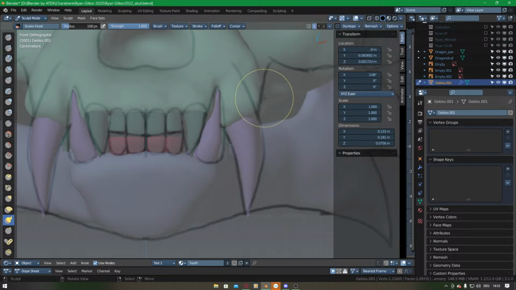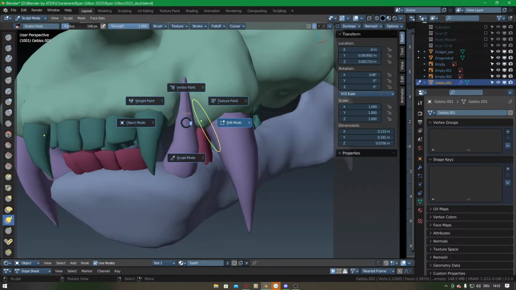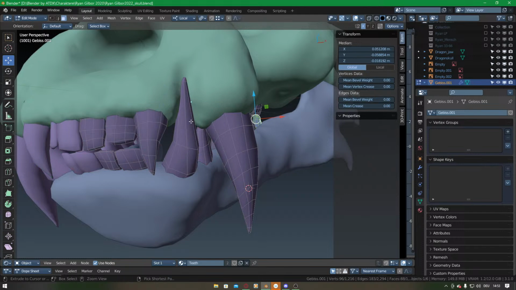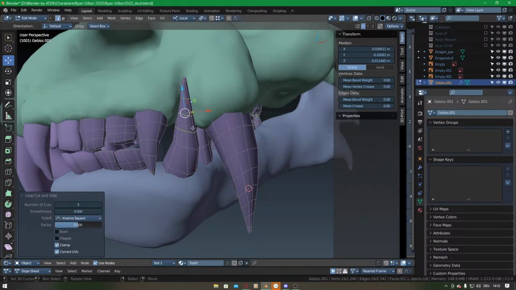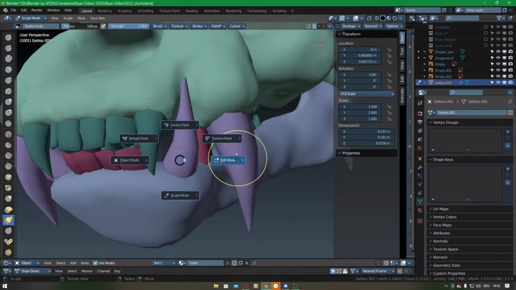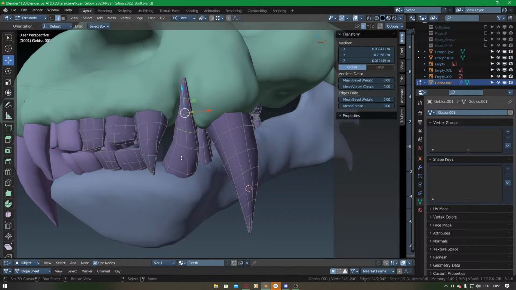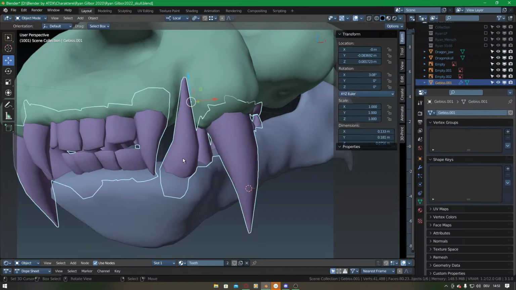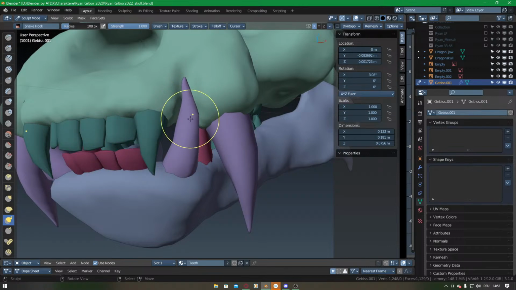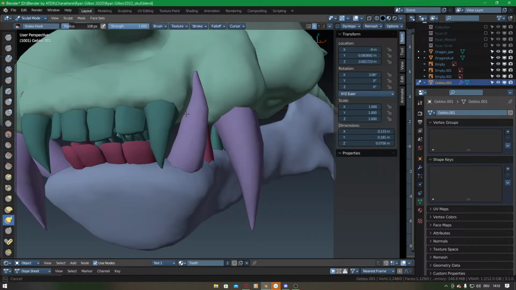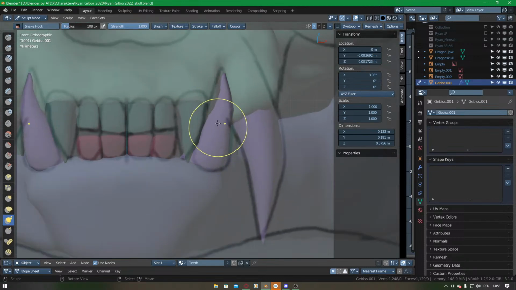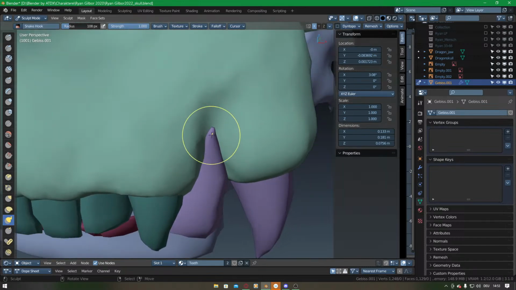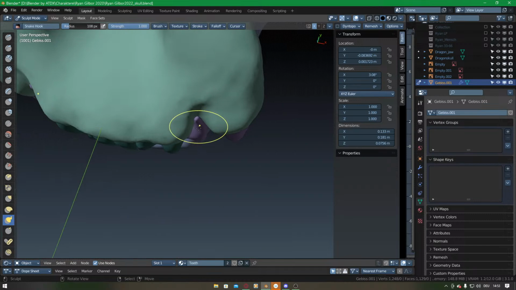Now if I use Dintobo, I need to just give it a lot more details. There we go. Now I can get it to work much better. Much better. Now it needs to come out a bit.